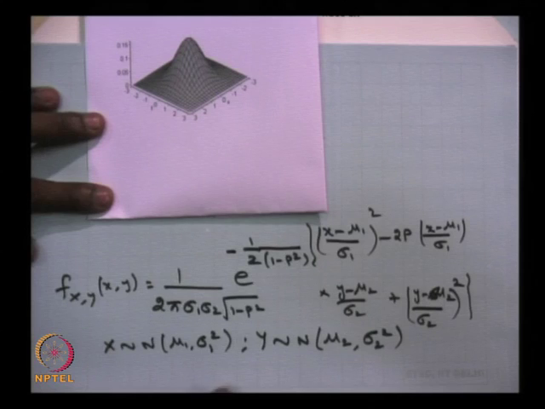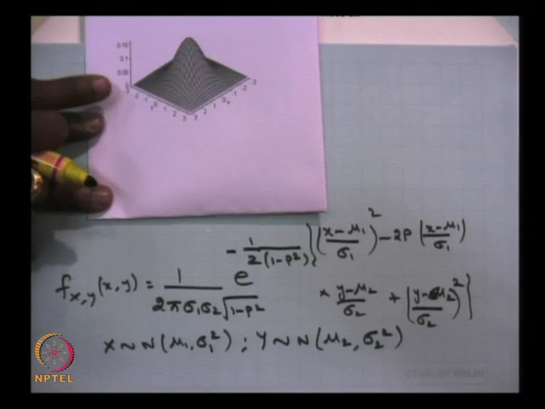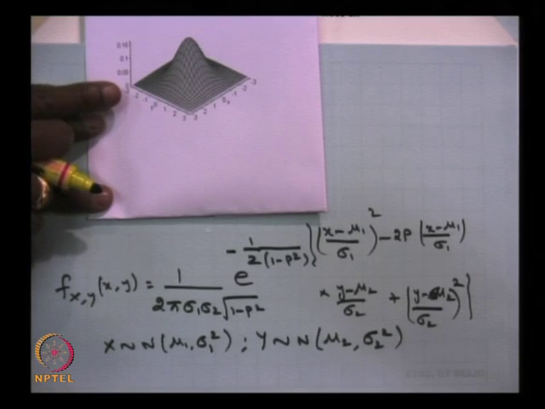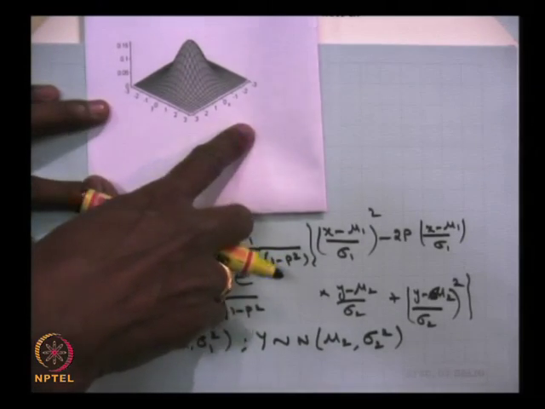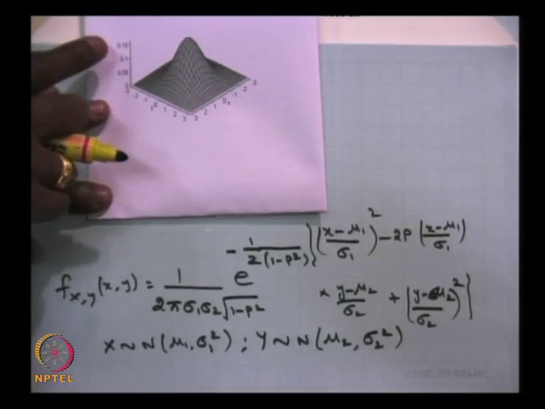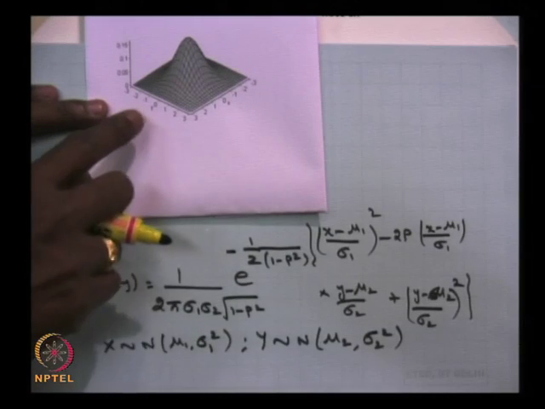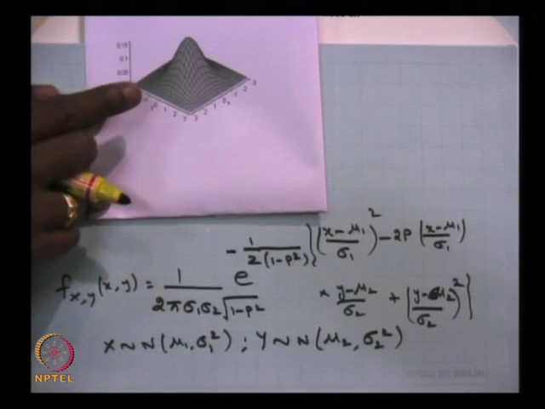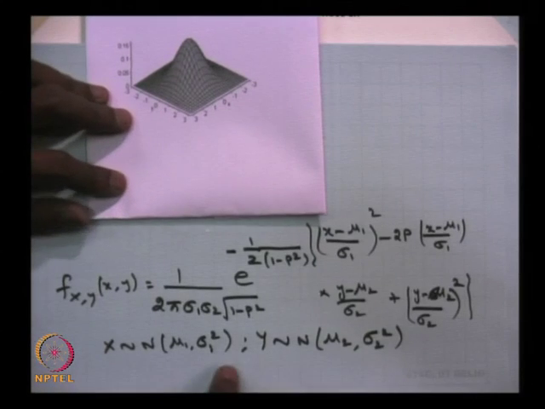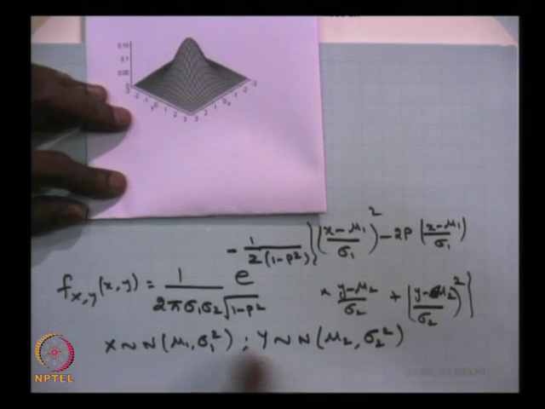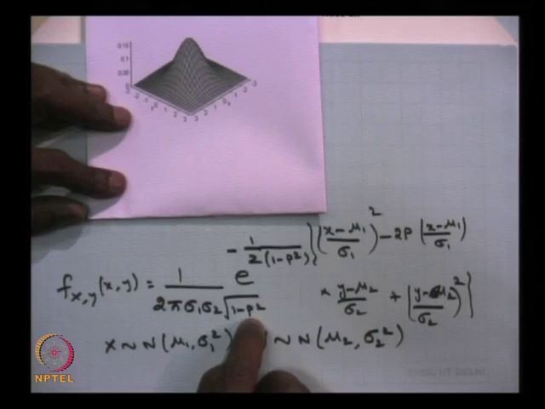That means if you plot the joint probability density function, it will be of this shape. One axis is x and one is y, and this is the joint probability density function for fixed values of mu 1, mu 2, sigma 1 and sigma 2. Here rho is nothing but the correlation coefficient.